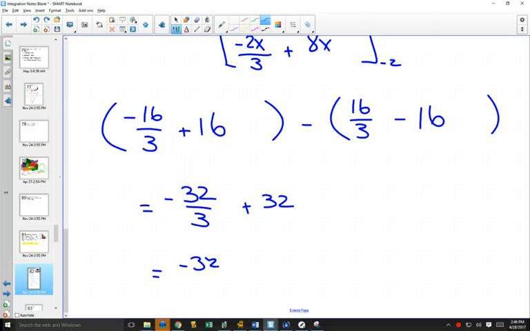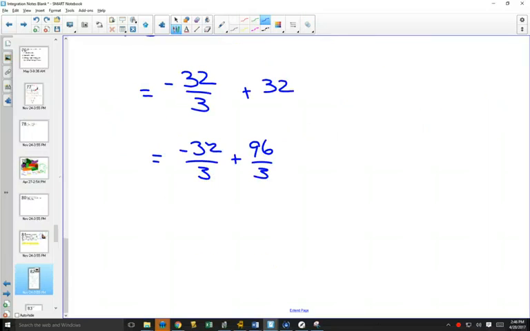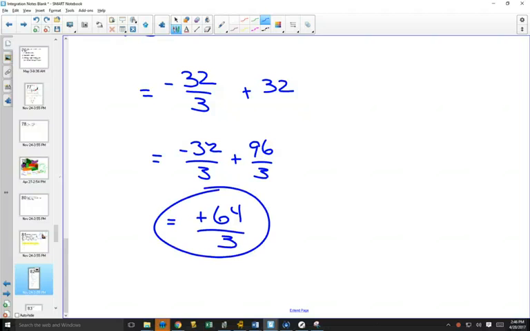If we get our common denominator, we get positive 64 over 3. So that's going to be our area.